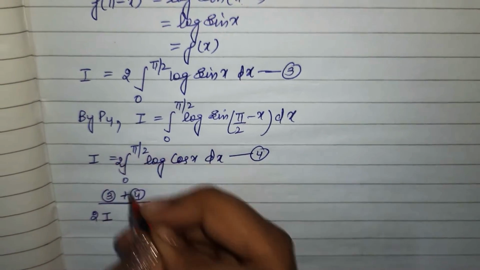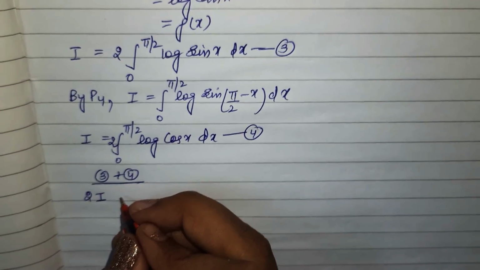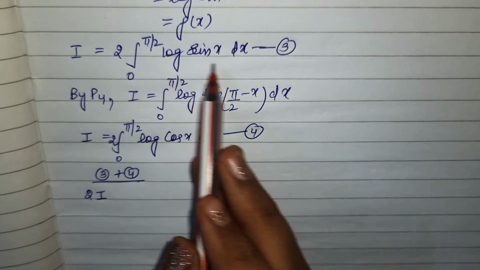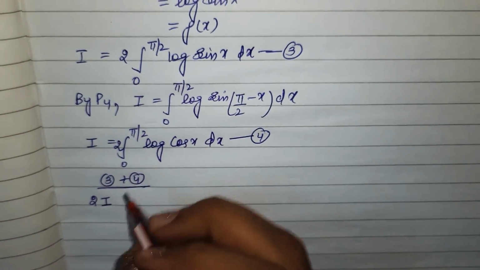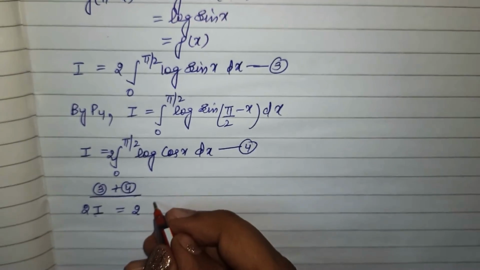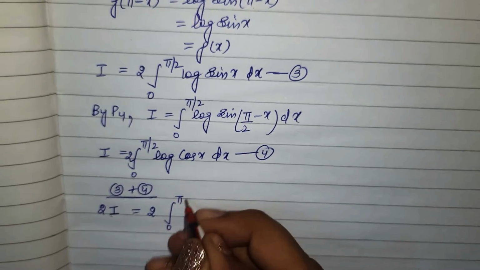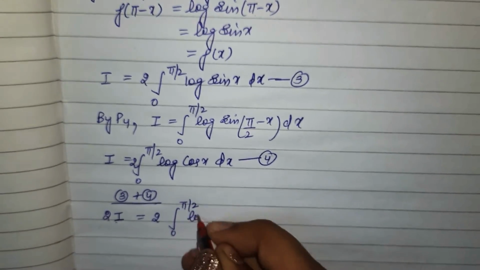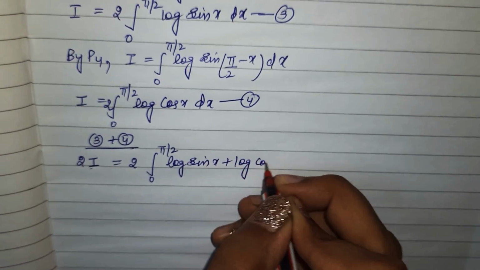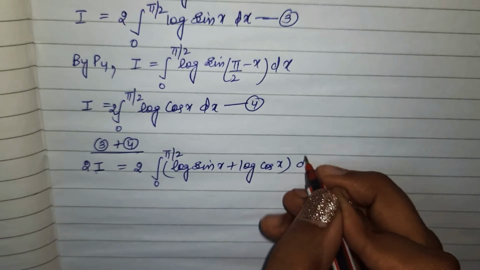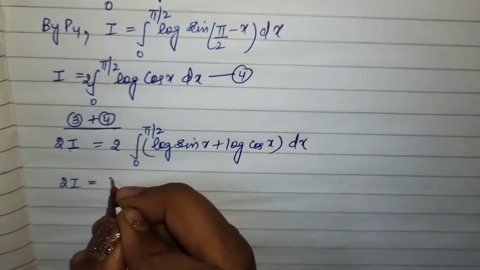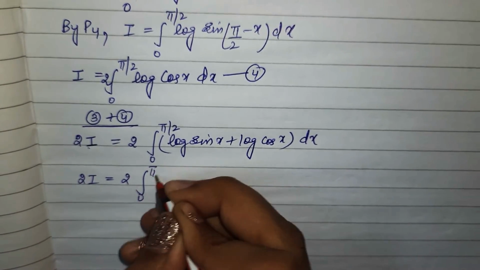Sorry, I plus I. We are getting this extra 2 also, so I plus I will become 2, and I am getting the integral from 0 to pi by 2 of log sin x plus log of cos x dx. So basically 2I is 2 times the integral from 0 to pi by 2.